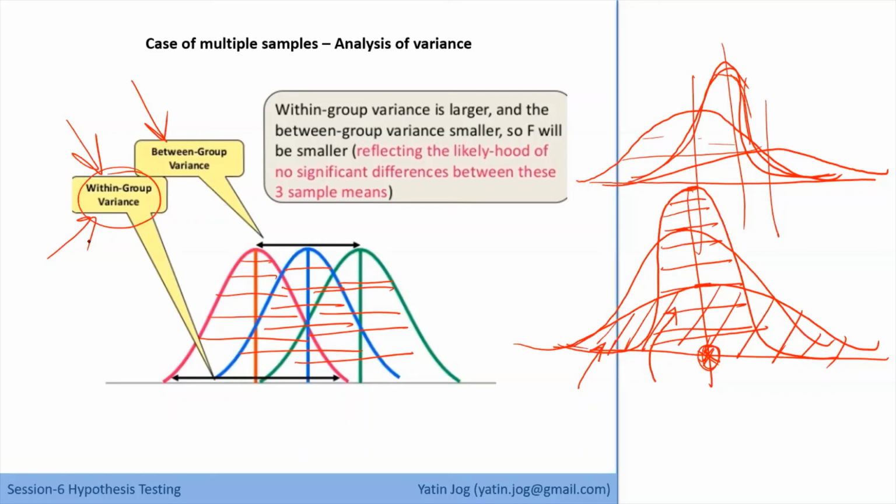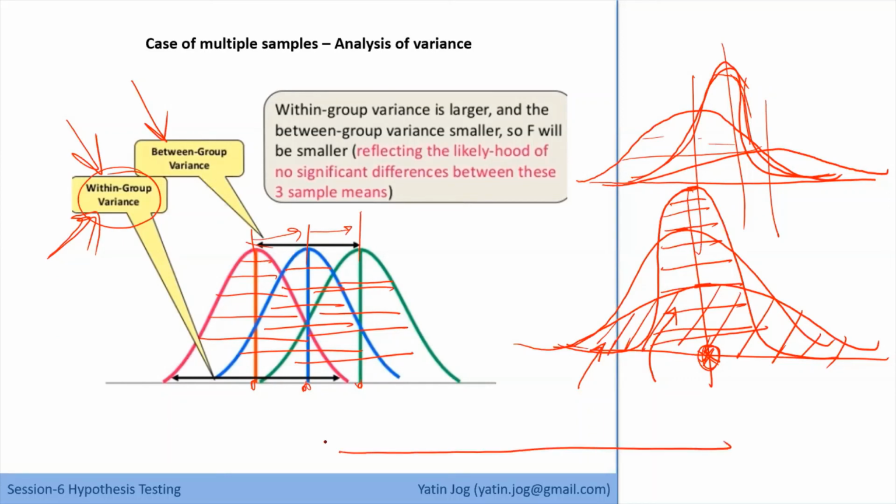But within group variance alone is not sufficient to say that, because I also have to consider where the mean values are, or indirectly what is the difference between the multiple distributions. If the variance between the groups is also very small, then they are almost overlapping.